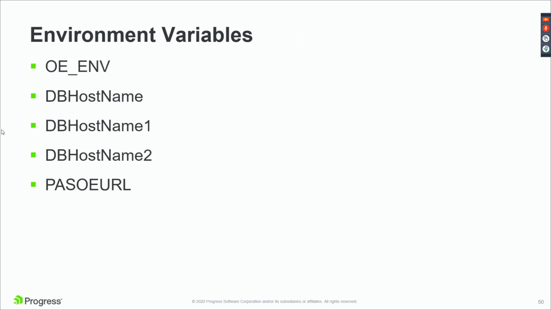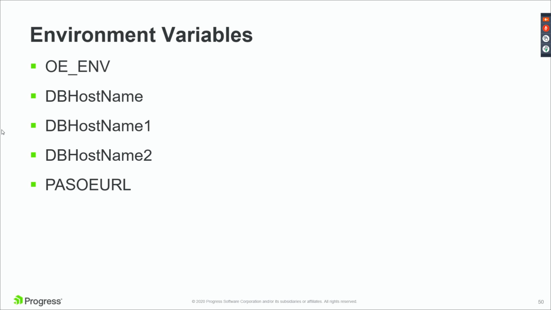Then we have the environment variables, right? There are a few environment variables that are set. The OEENV gives you the ability to configure your deploy.sh to be conditioned to what type of machine it is running on. You can have multiple copies also if you want.